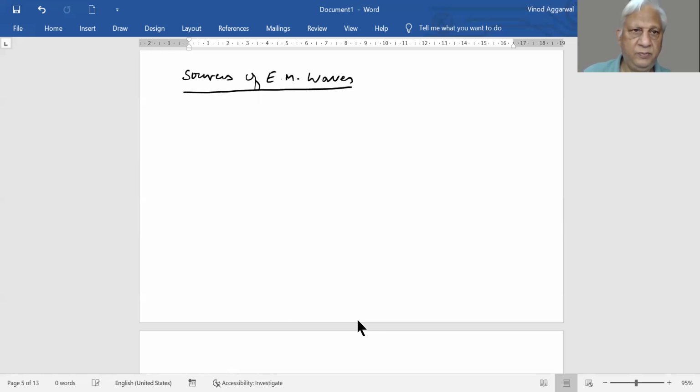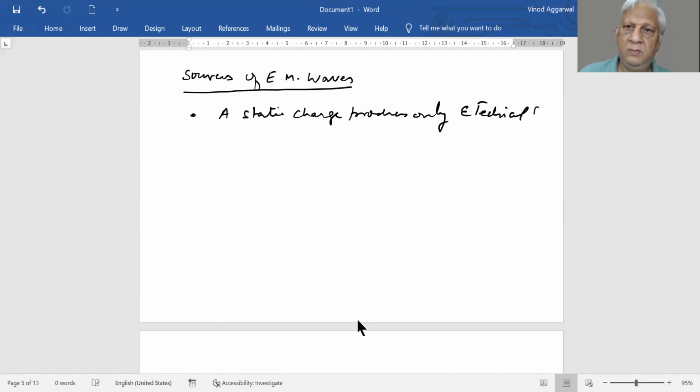We've seen a static charge produces only an electrical field. Nothing else. A static charge will produce only an electrical field, nothing else.